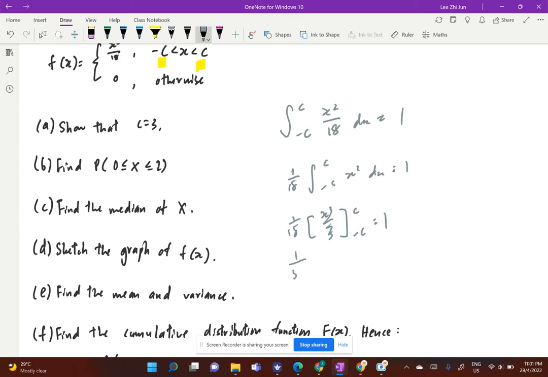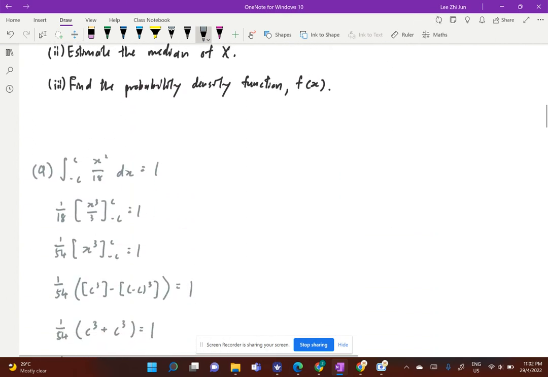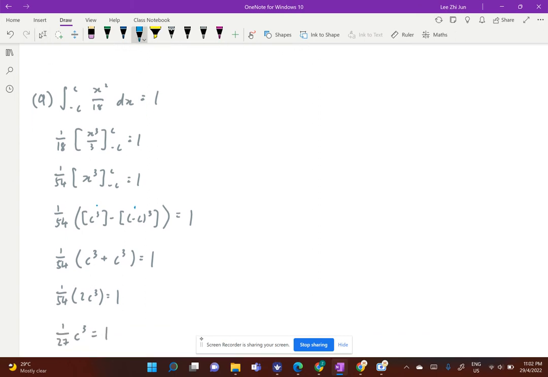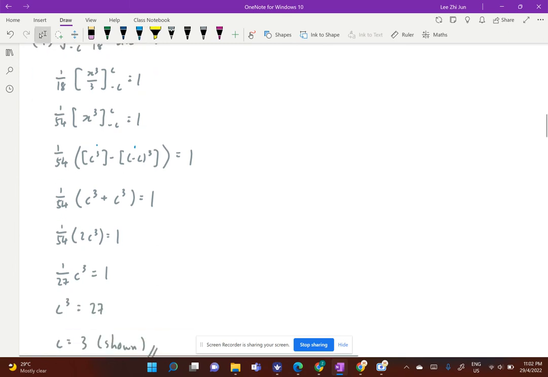So 18 times 3 is 54: 1 over 54 times [c cubed minus negative c cubed] equals 1. So c cubed plus c cubed equals 54, so 2c cubed over 54 gives 1 over 27 c cubed equals 1. So c cubed equals 27 and c equals 3.